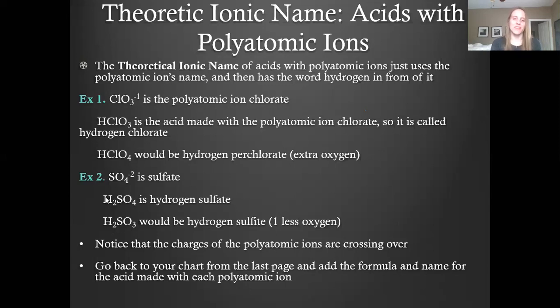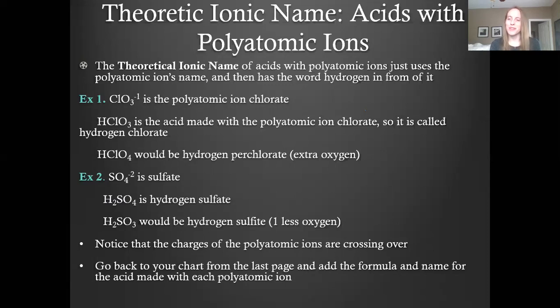So for example, if you had H2SO4, we write hydrogen to represent the H at the beginning, and then SO4 is a sulfate ion because SO4 is the normal state of that polyatomic ion.